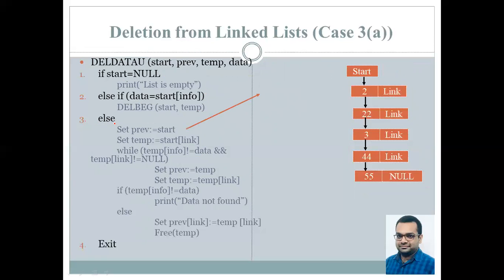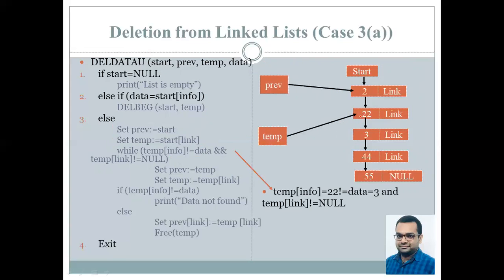As the result of executing these two statements inside the else part, you can see both the values of previous as well as temp are set. Previous points to the first node, and the value of temp is set to point to the second node in the linked list. Now we check if temp's info is not equal to the data and temp's link is not equal to null.